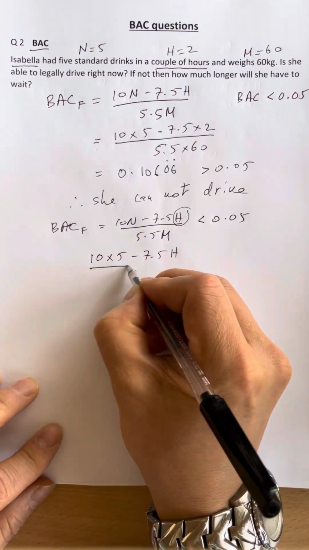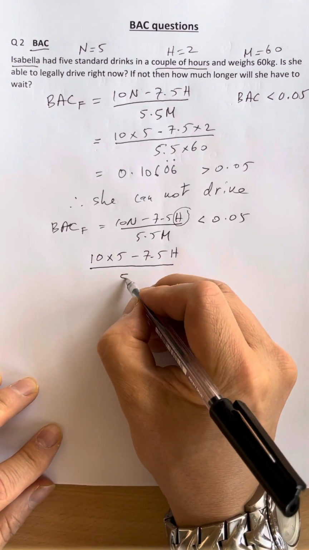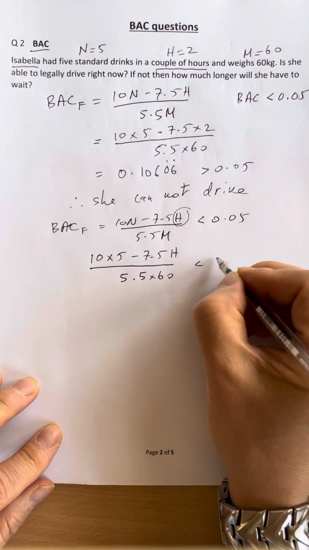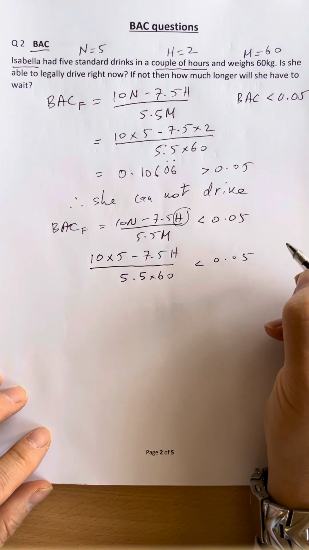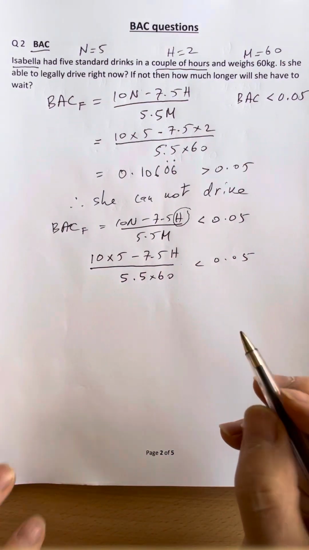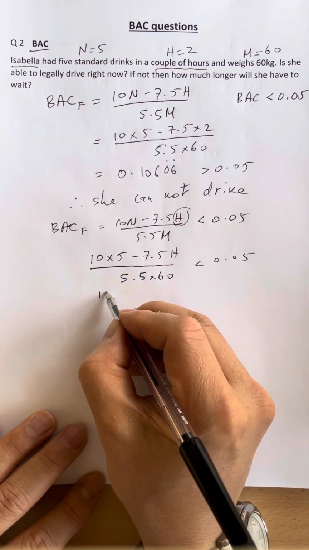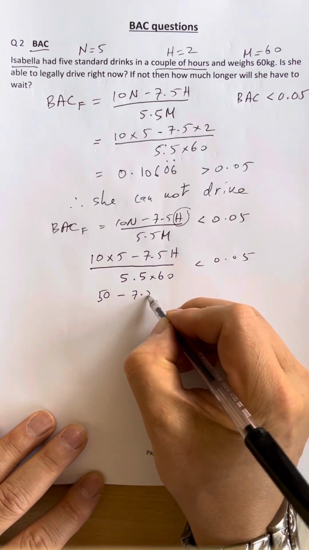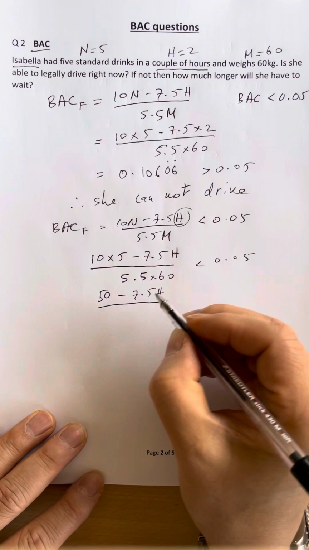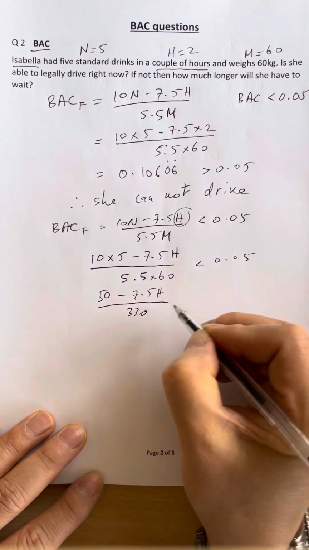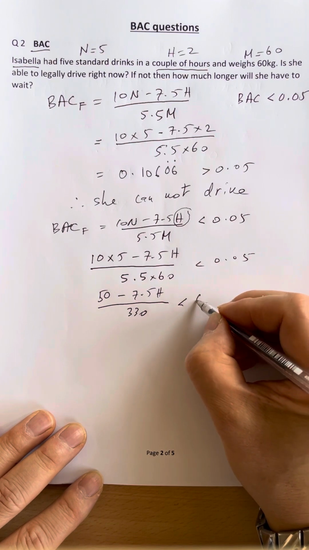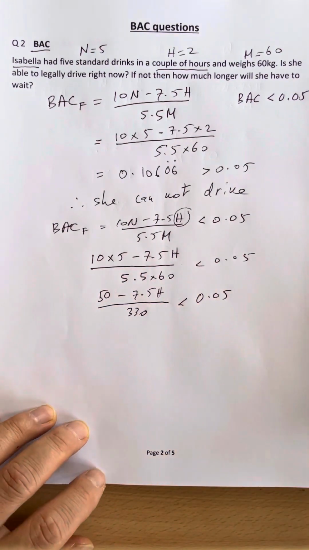So that's 10 times 5 minus 7.5h, over 5.5 times 60, is less than 0.05. So then it's just an equation. 10 times 5 is 50 minus 7.5h, divided by 330, because 5.5 times 60 is 330, is less than 0.05.